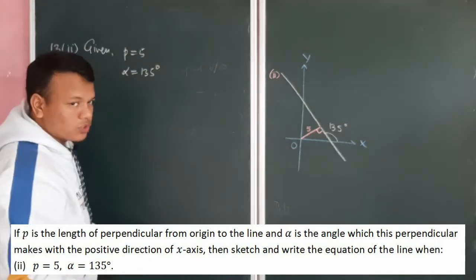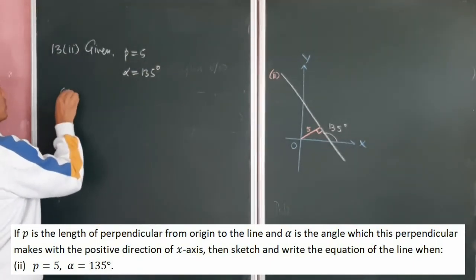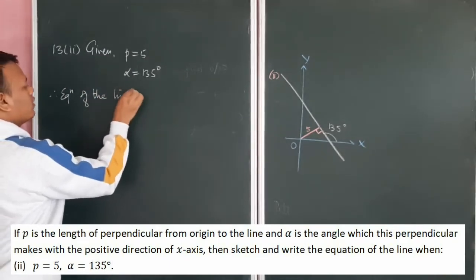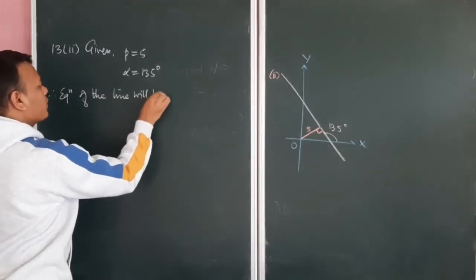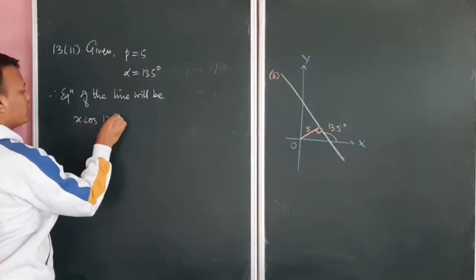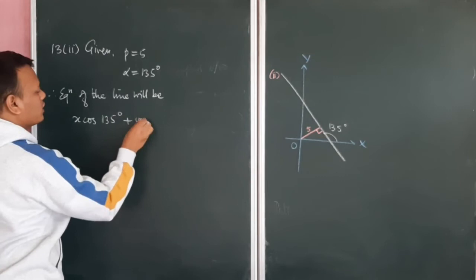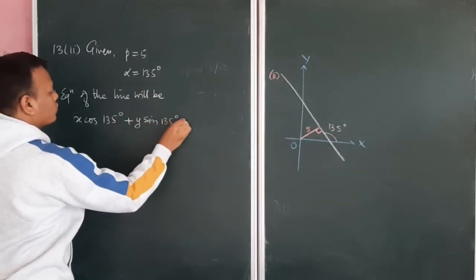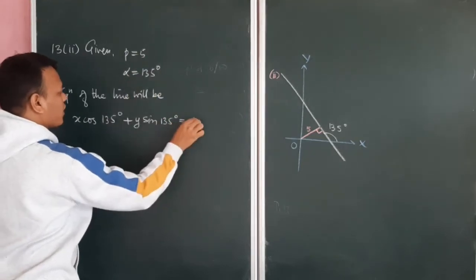degrees. So the equation of the line will be x cos alpha, alpha is 135 degrees, plus y sin alpha, that is 135 degrees, equals p, p is 5.